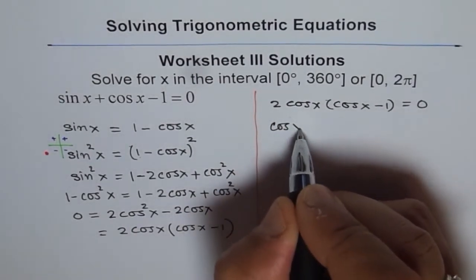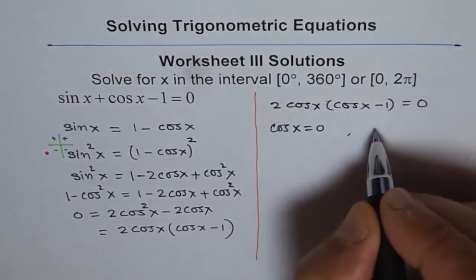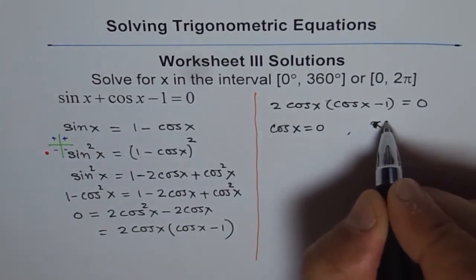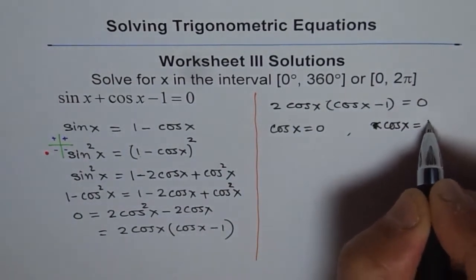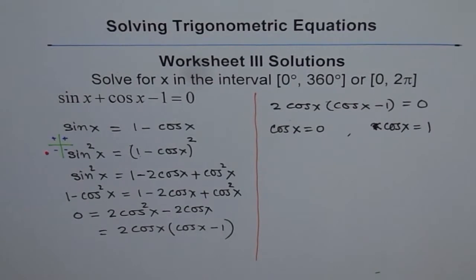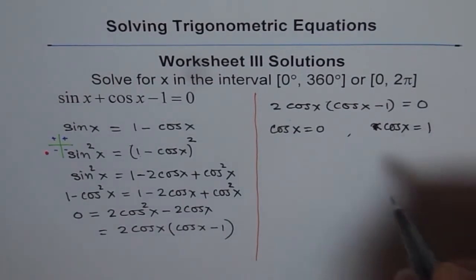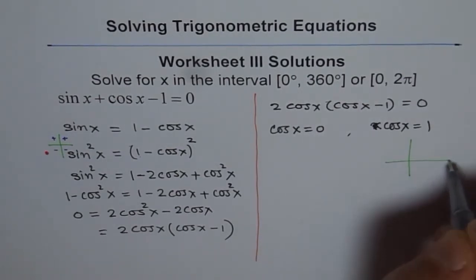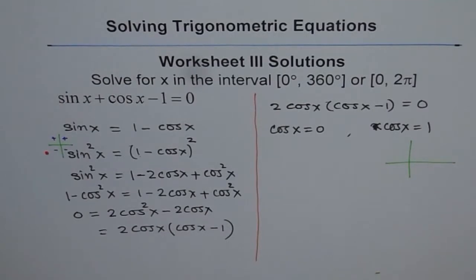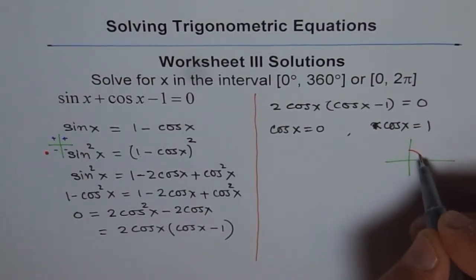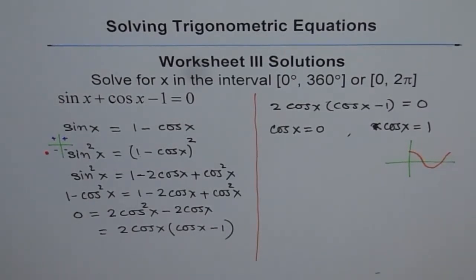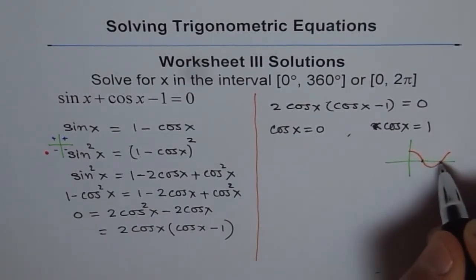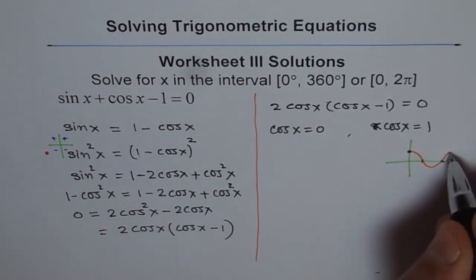So these are the possibilities. One is that cos x equals 0, and the other is that cos x equals 1, right? Now when is cos x 0 and when is cos x 1? We can find it using our diagram. From the graph itself, we know it is 0 at these points and it is 1 at these points, correct?